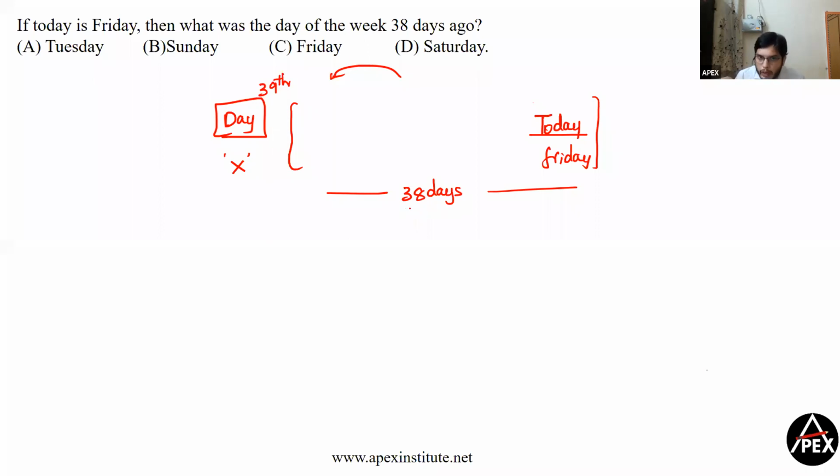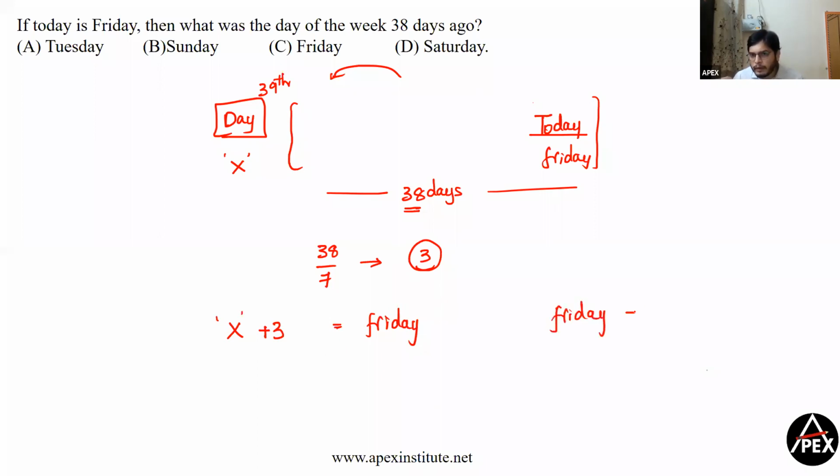What is the total number of odd days in 38 days? 38 divided by 7, what is the remainder? The remainder is 3. If this is day X, then X plus 3 is equal to Friday. Or you can directly subtract 3 from Friday.